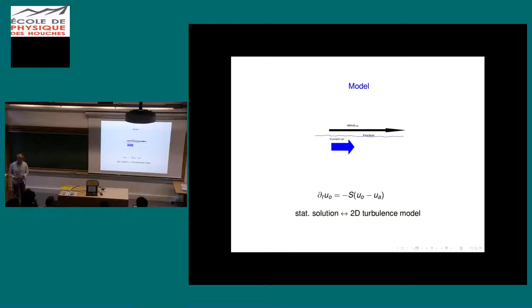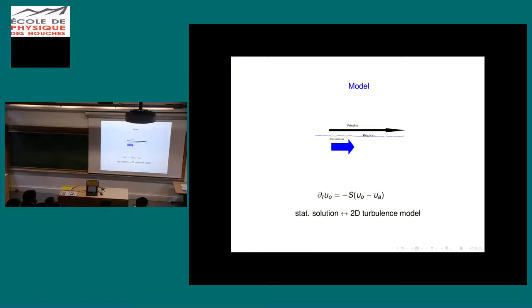So the energy increase in the ocean is a function of the difference between UO squared and the correlation between the atmospheric velocity and the oceanic velocity in this very simple model. It's a Langevin equation, where here you have the systematic drag, and here you have the agitation by the atmosphere. So it's the same thing. However, this model is not good. It doesn't work because it will go to a stationary state.